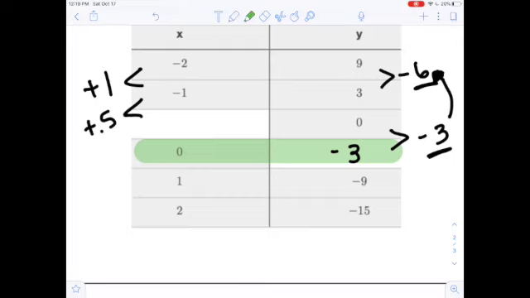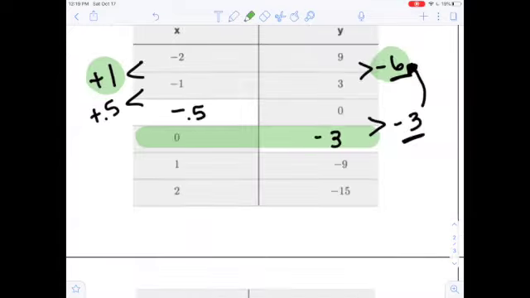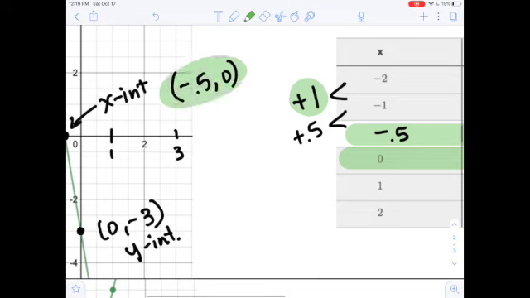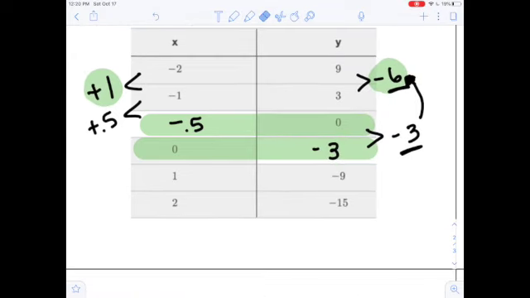Instead of going the whole distance, which was plus 1, we're going to go half the distance, because going from 0 to negative 3 is half the total distance. So negative 1 plus 0.5 is negative 0.5. And there you have it. There is your x-intercept. Just like what we found over here from the graph, this guy matches.